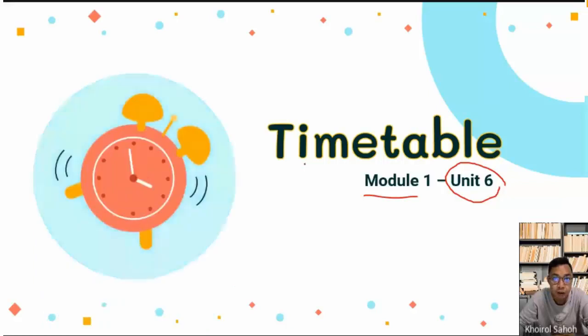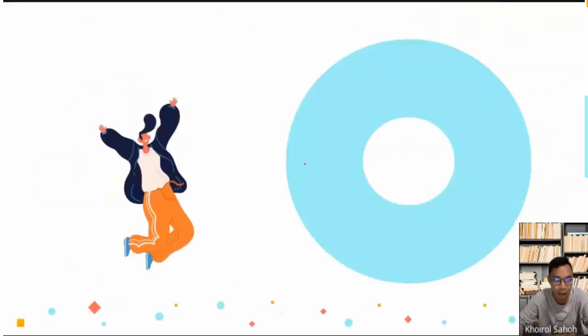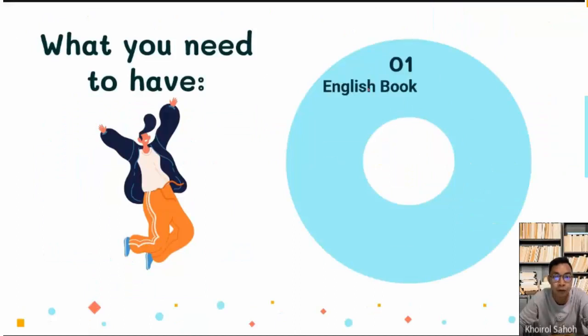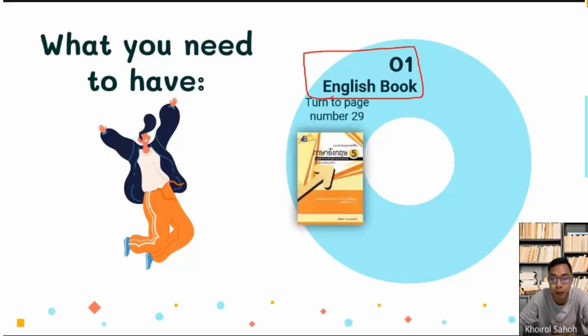Alright, so what you need to have while you're studying with me online, first one, you have to have your English book. Okay, your English book and turn to page number 29.